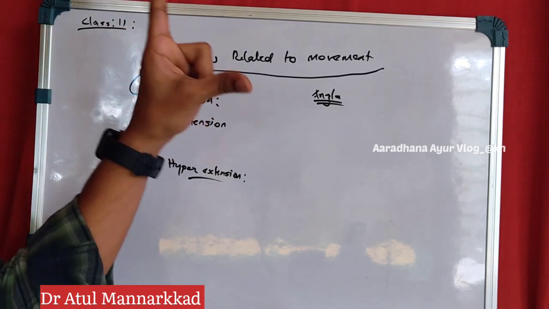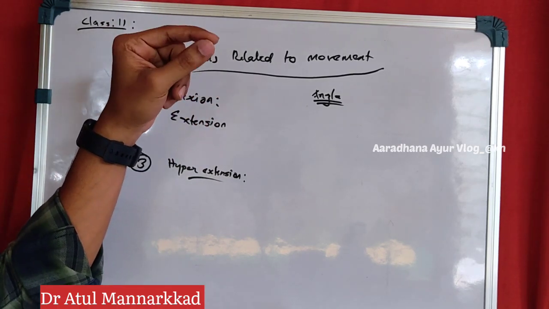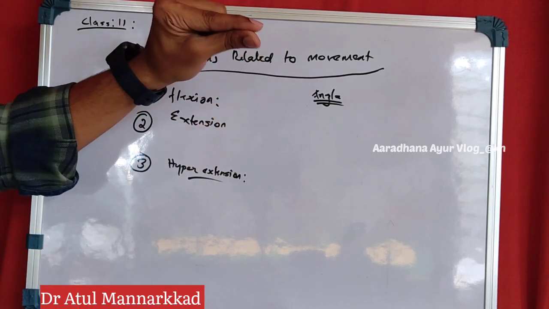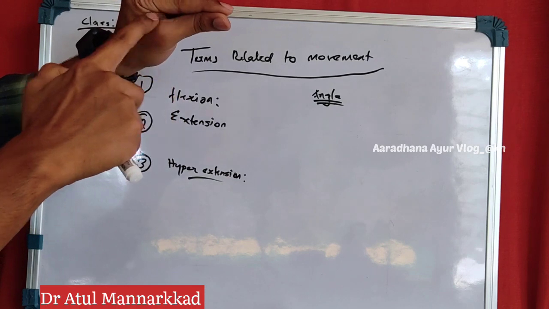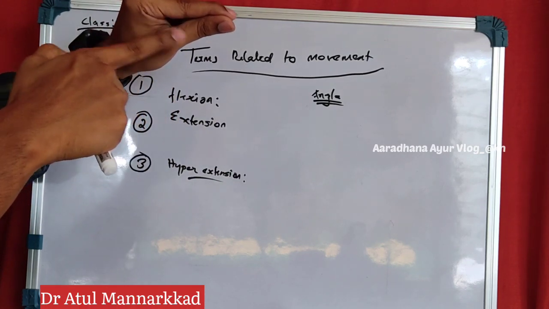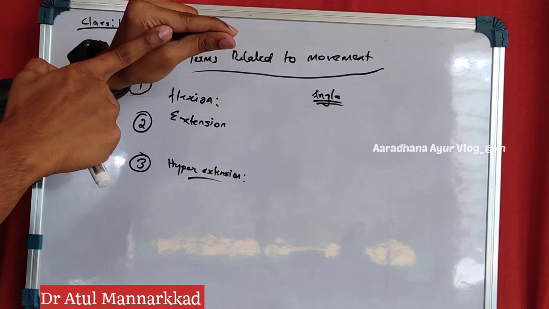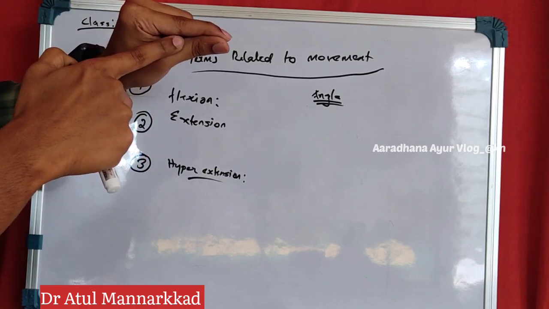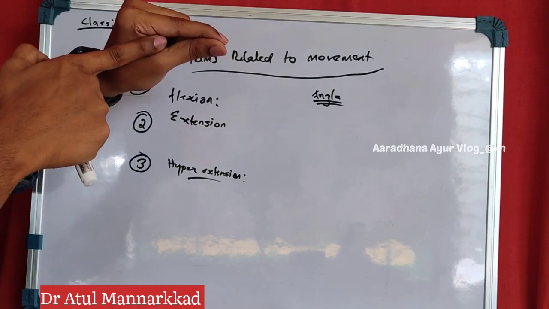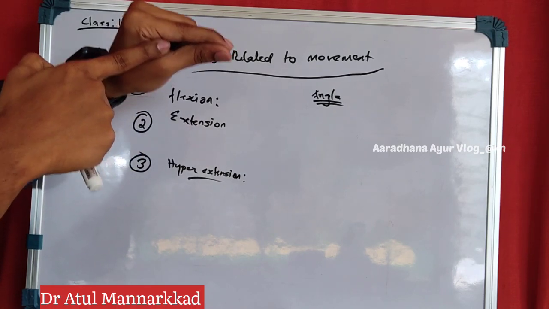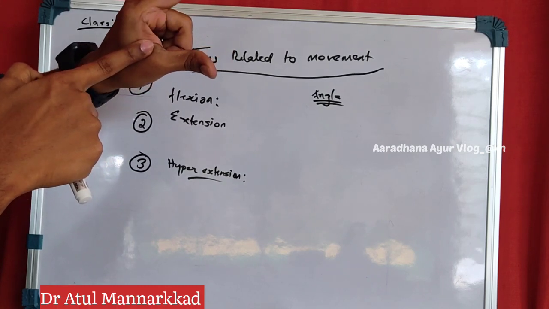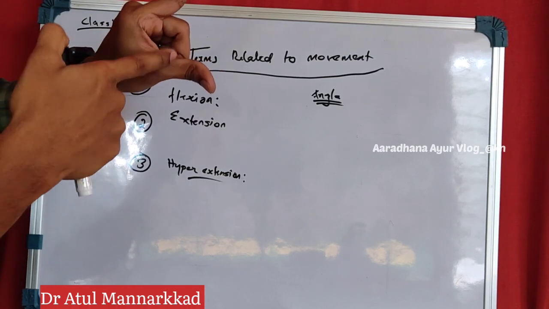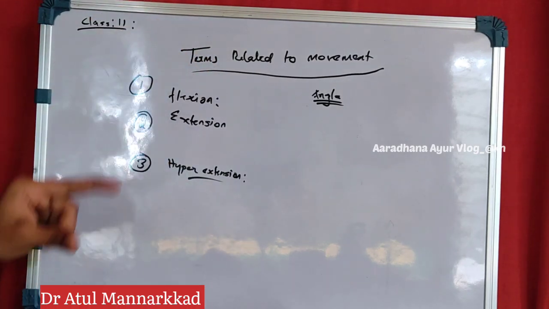If you consider these two as two bones, and it is like this, that is flexion: one bone, two bone, and your angle is 0 here, no angle, 0 degree. This is called flexion. Decreasing the angle between the two bones. When it comes like this, extended, you see one bone, two bone, and some gap or angle is created, that is what we call extension.